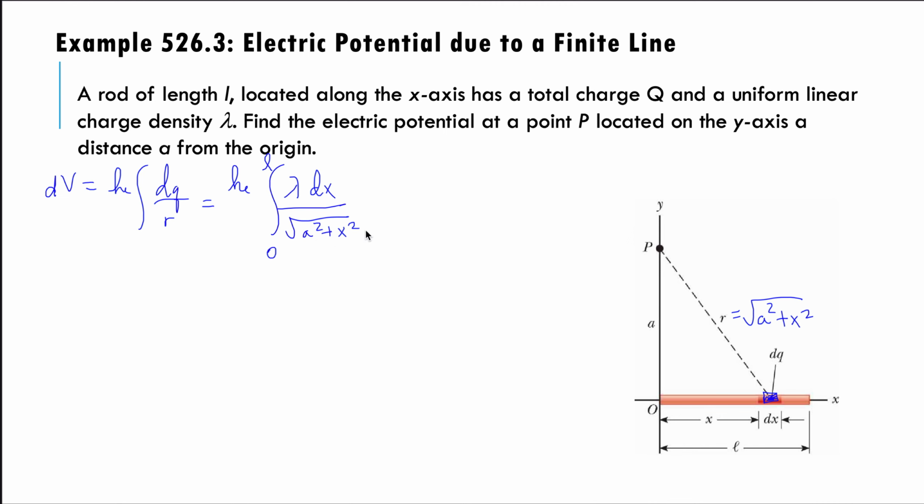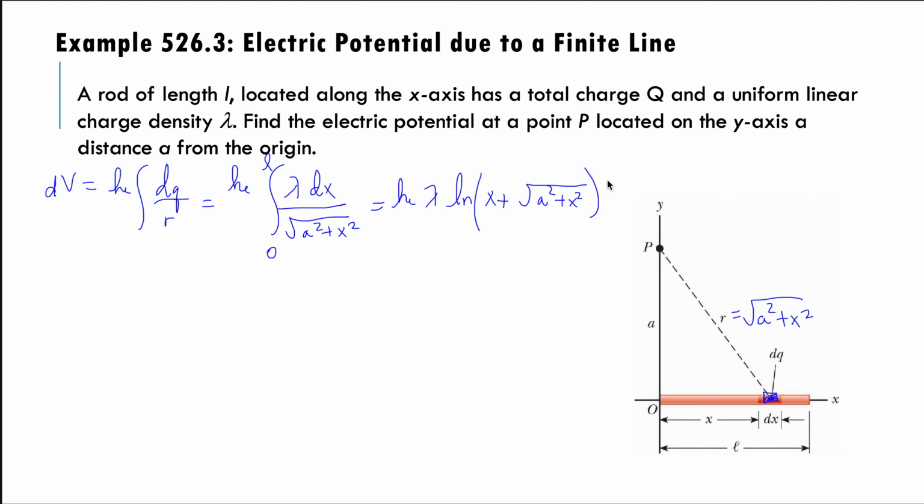Now this integral is a little bit tricky, so you can use your calculator or integral table. I don't expect you to be able to solve it. The answer is going to be the log of x plus square root of a squared plus x squared.